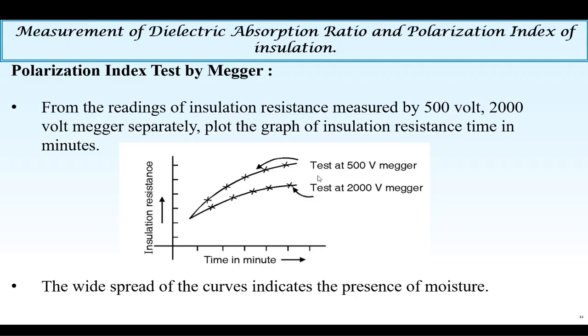You can test the insulation resistance by using a 500 volt Megger. In our practical, we consider a 1000 volt Megger. Take the reading and plot the characteristics. If there is a wide spread of the curve, it indicates the presence of moisture. Like this, you can predict the life of insulation.